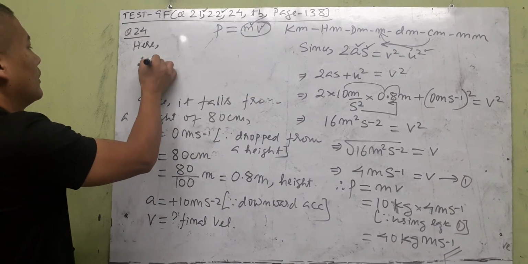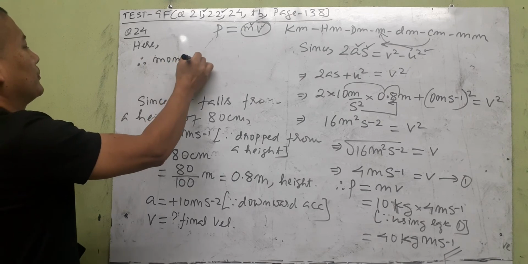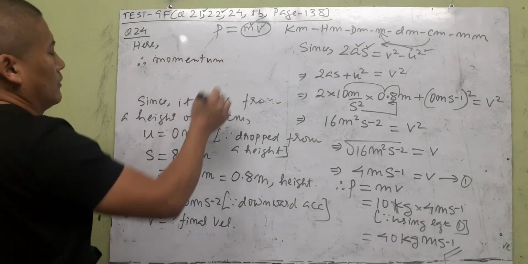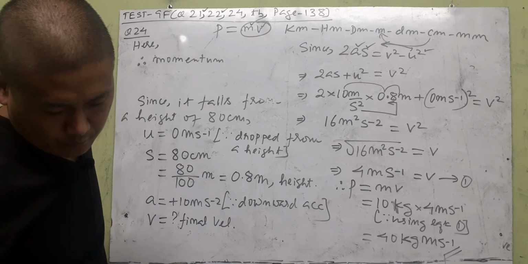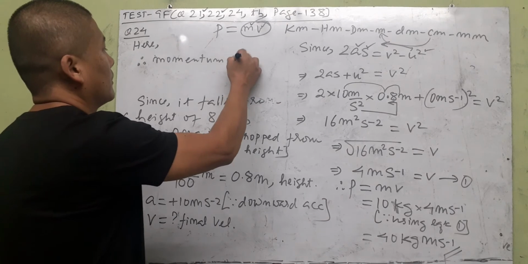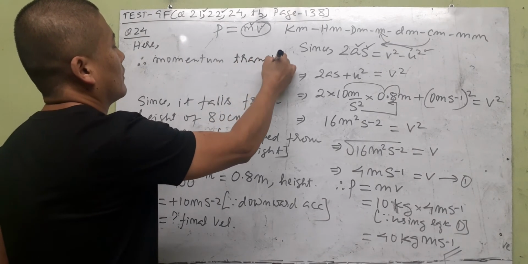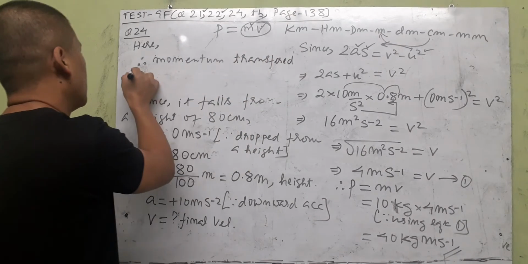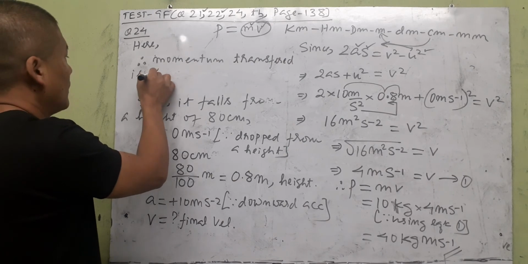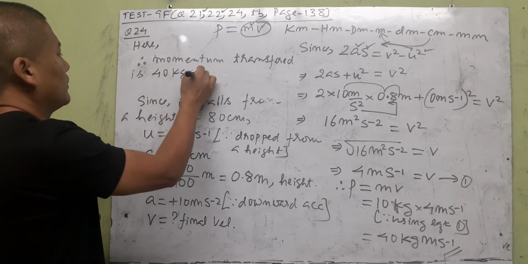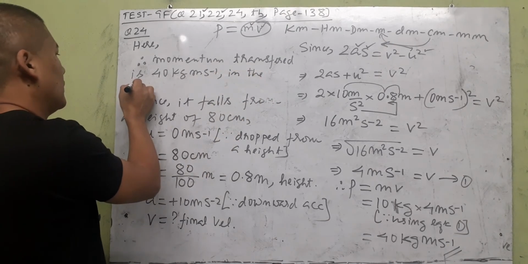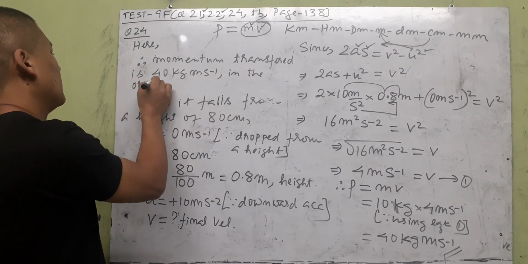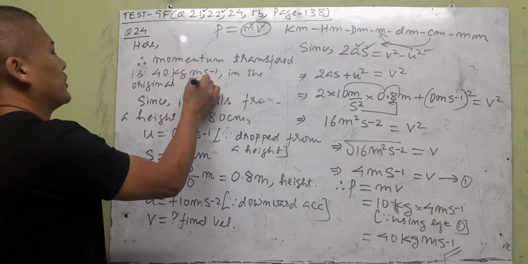Therefore, momentum transferred is 40 kg meter per second in the original direction, because it is plus, right?